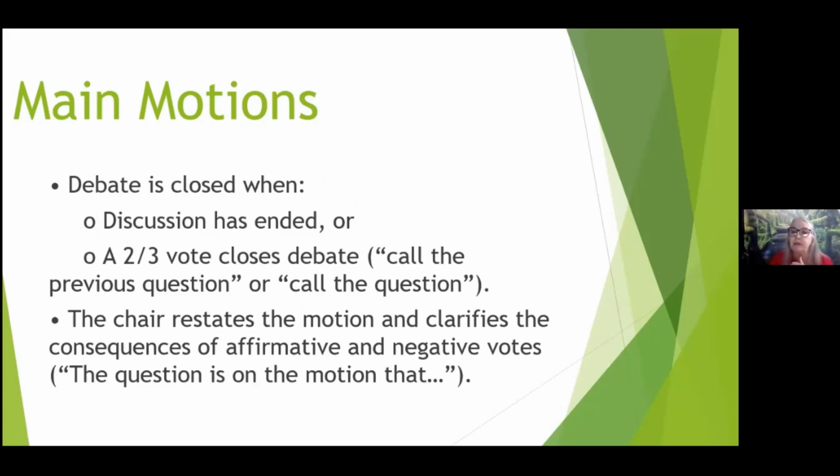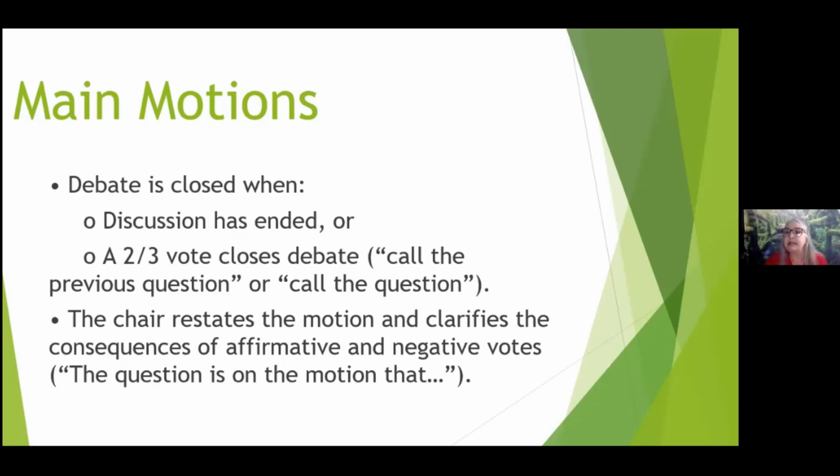So the president or the chair would call for a 2/3 vote to close debate. Okay, we're going to vote on closing debate. If 2/3 of people pass it, debate is closed, and then we restate the motion and call for the vote on it. But if 2/3 of people did not close debate, you continue debate until again discussion ends or there's another vote to end it.